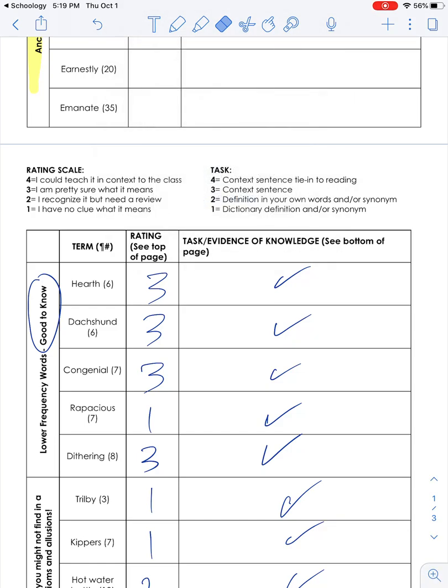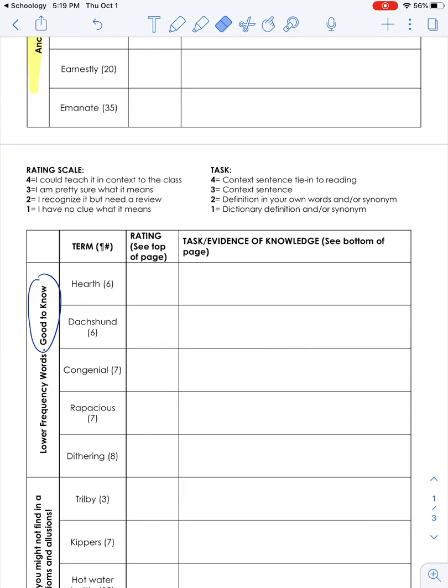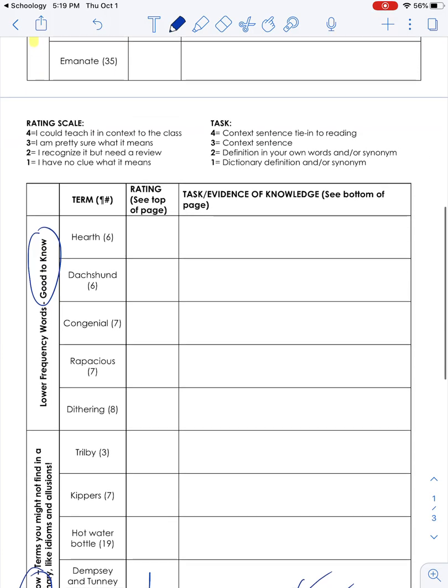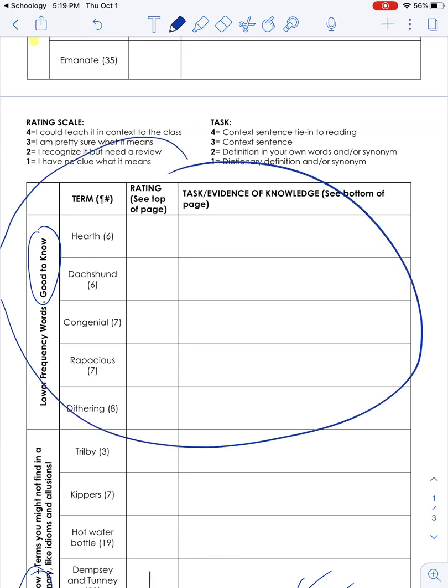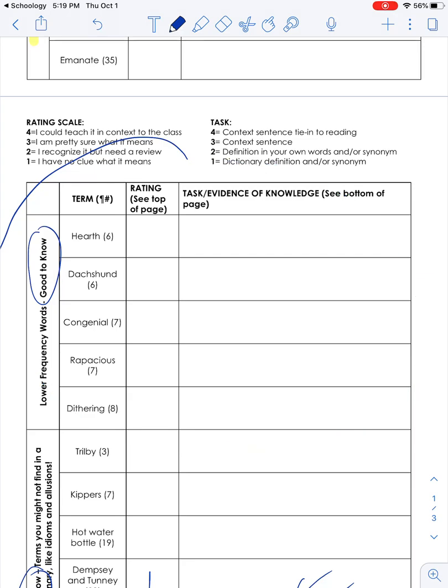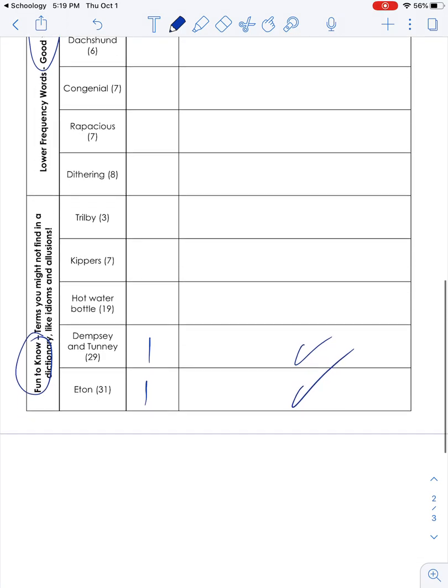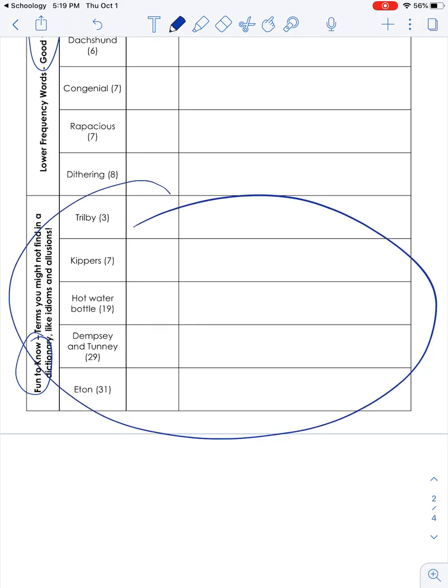to find, I'm just erasing things so it's a little cleaner. Then you're going to need to move to this next section to find your challenge. And if, on the off chance, you still are not sufficiently challenged by tier 2, the good to know words, then you get to move on and play around with this final section, because that's where you're going to find challenge.